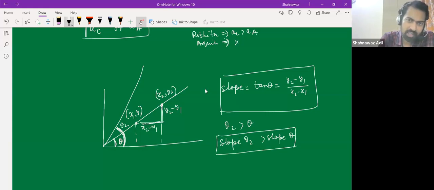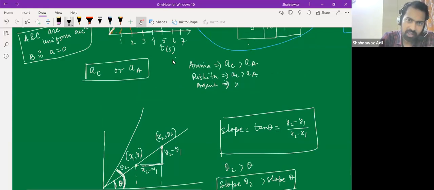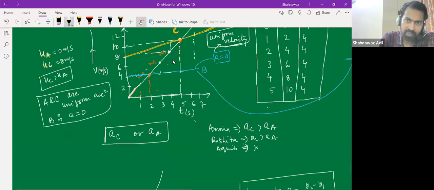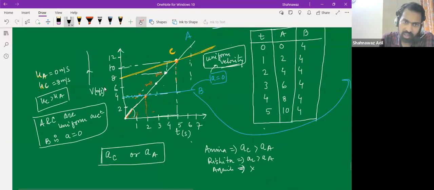So in this case, this is an angle. Let's say this is theta, and let's say this is some other angle. Which angle is bigger, this theta or this theta? Let me draw this angle here.